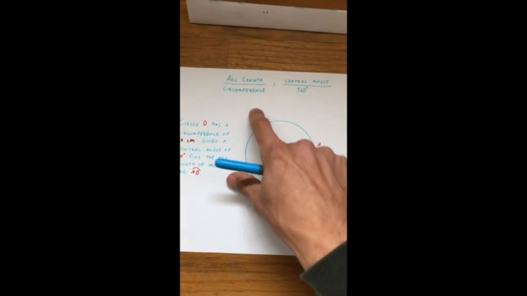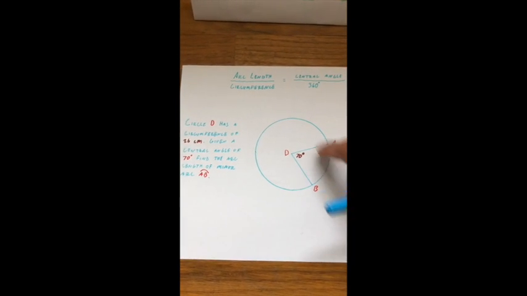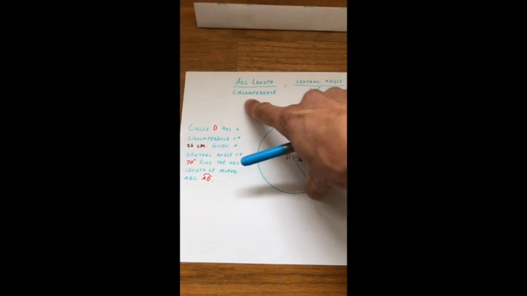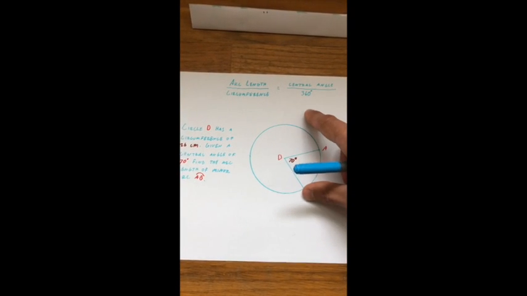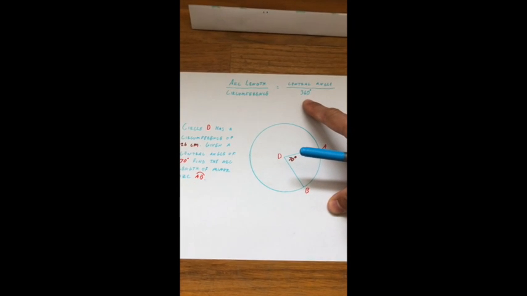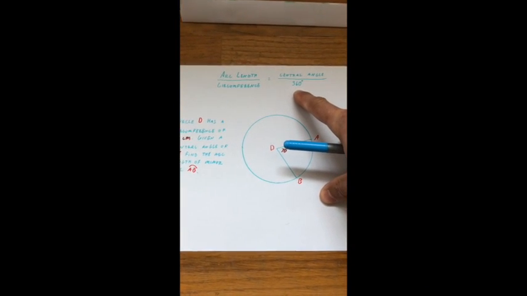It's all ratios. The arc length, which is the portion of the circumference, compared to the whole circumference, is going to be equal to the central angle out of all the angles, the total sum of angles in a circle.